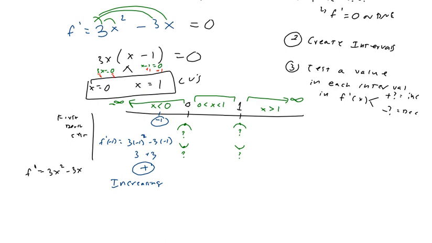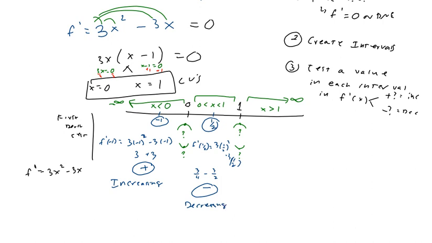Now I got to pick a number between 0 and 1. I mean, 1/2 seems the obvious choice. Then I got to test it. F prime of 1/2. Let's see, it's 3 times 1/2 squared, minus 3 times 1/2. 1/2 squared is 1/4, so this is going to be 3/4 minus 3/2. 3/2 is bigger, so this is going to be negative, and this is going to be decreasing.